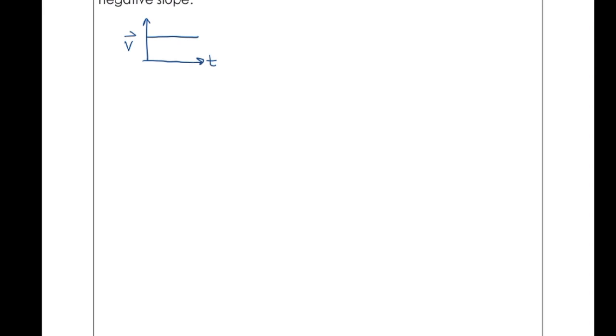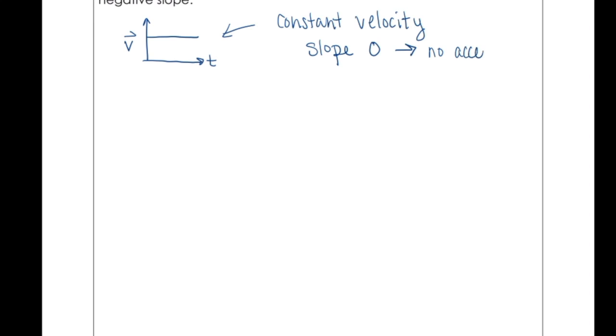Okay, so the horizontal line means constant velocity. Our slope is 0, which means that there's no acceleration, or acceleration is 0.